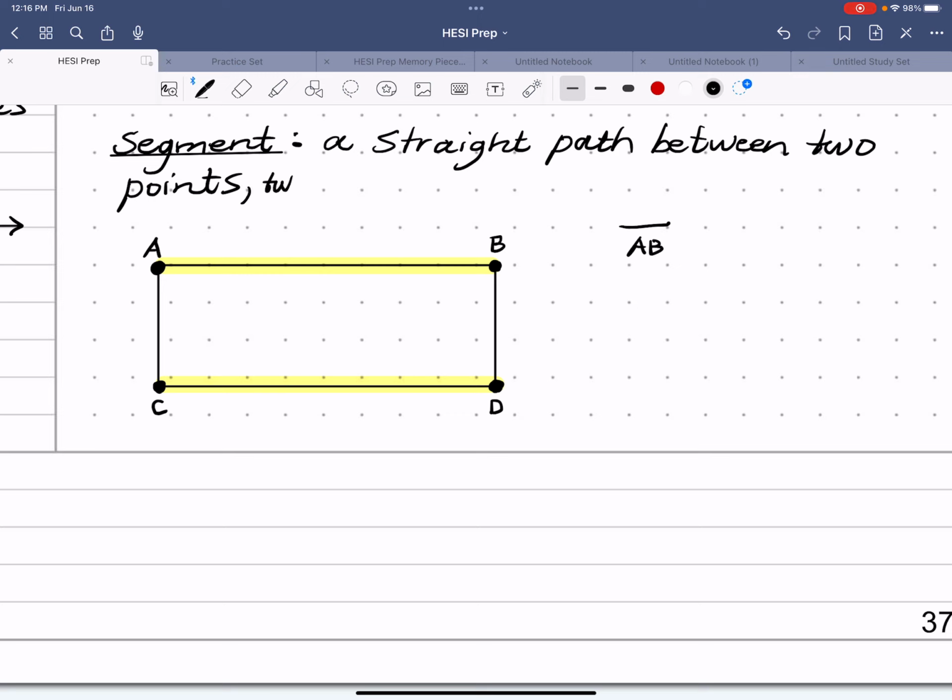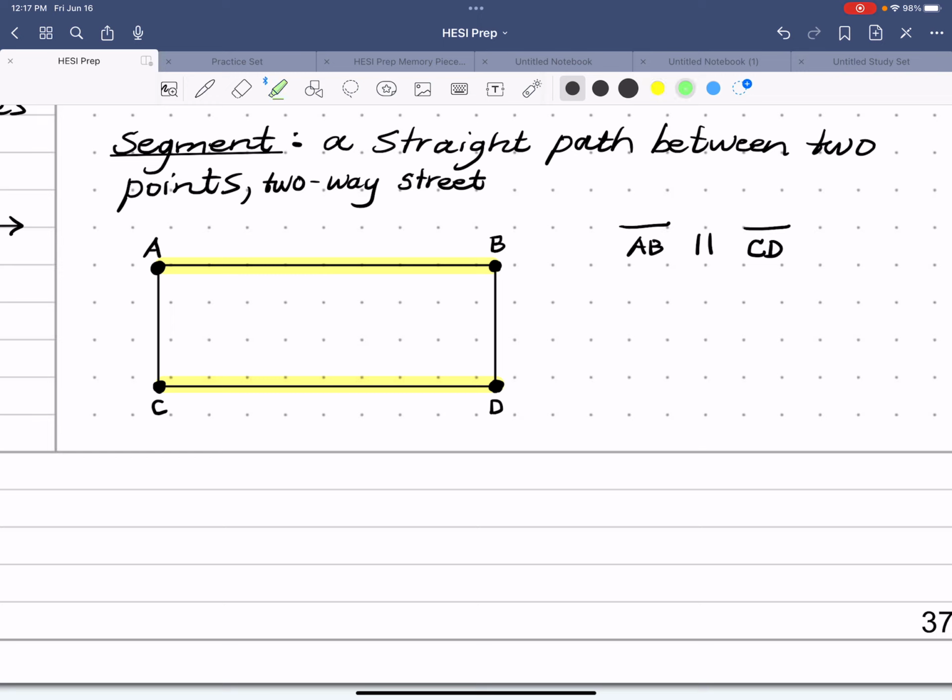These are two-way streets. The only one that is a one-way is a ray. Okay, so segment AB is what to segment CD? Well, they're an equal distance apart and they never touch, so those are parallel. So you have two segments right there that are parallel.